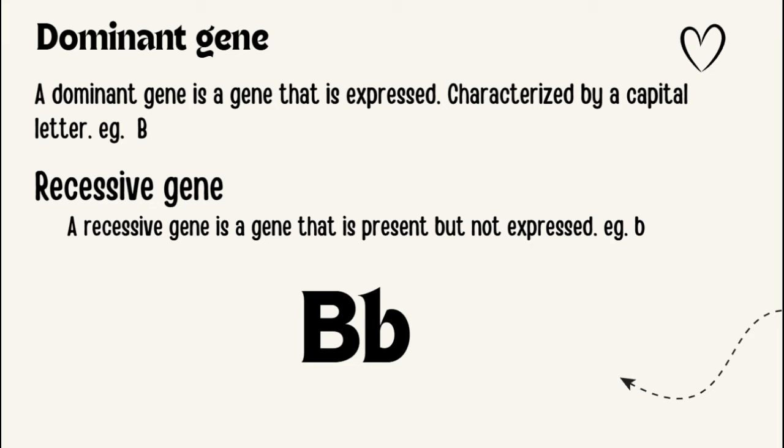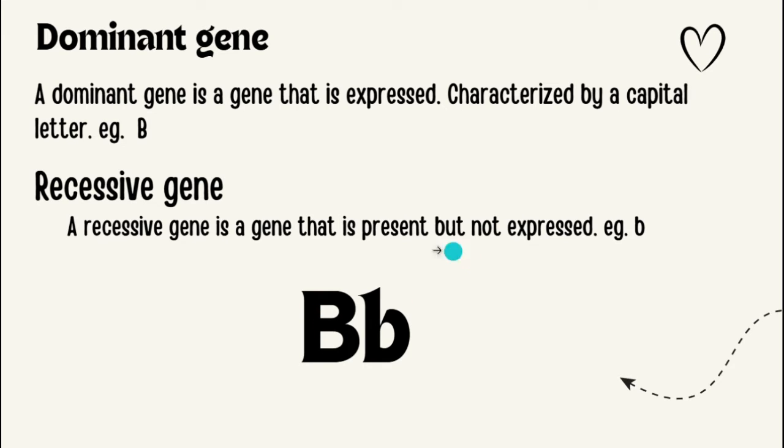But since it is sexual reproduction and we know that we're going to get one gene from each parent, as I said before, if my father has black hair and my mother has brown hair, but the gene that she passed on to me was recessive, and the black hair trait which my father gave me is dominant.